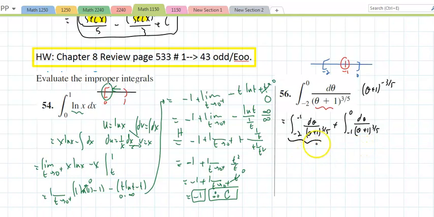This is going to be really add 1 to the power, that's theta plus 1. If you add 1 to the power, that is 2/5. Divide by that, that's 5/2. Evaluated from negative 2 to t, taking the limit as t approaches negative 1, and in the first part, you're approaching that from the left.